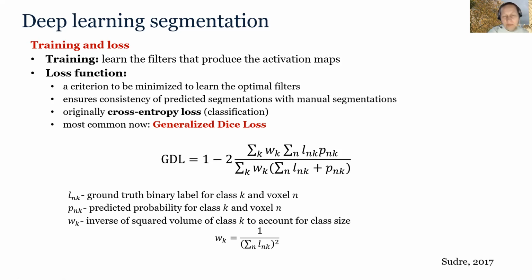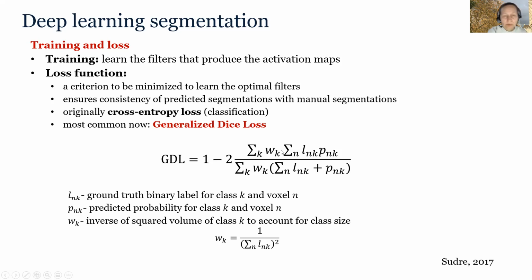Okay, and we know that the dice score calculates the volume of the intersection and divides it by the average size of the segmentation. So the intersection is this bit. We multiply the label from manual segmentation with the predicted probability and sum it up through all the voxels. So that will give us the size of the intersection for class k. Now, we need to sum it up over all the classes, but we will not just sum it up in a simple way, but we will do a weighted sum.